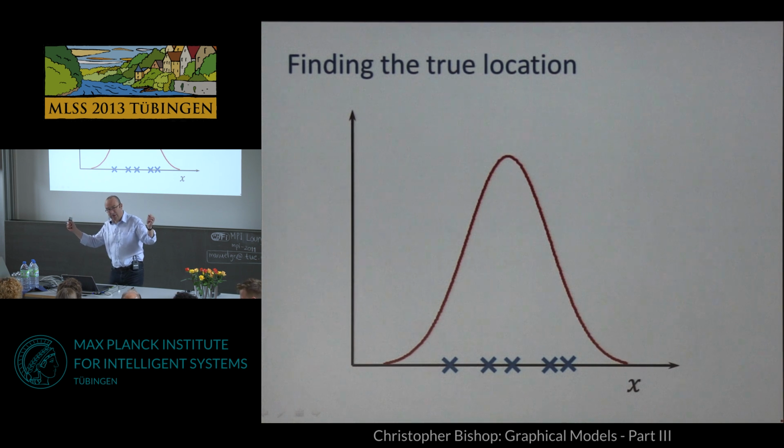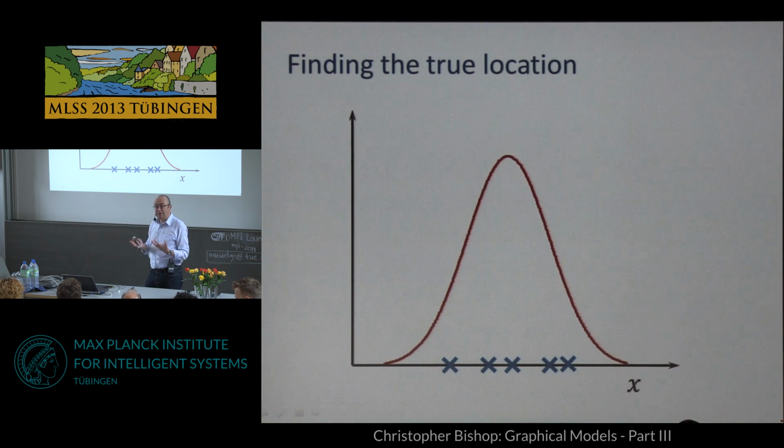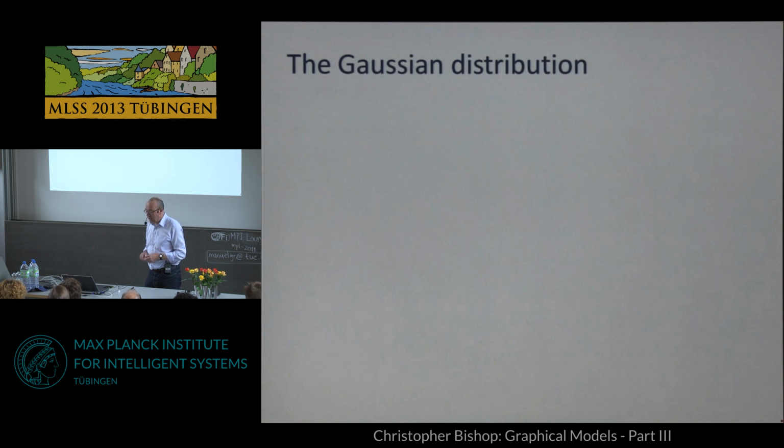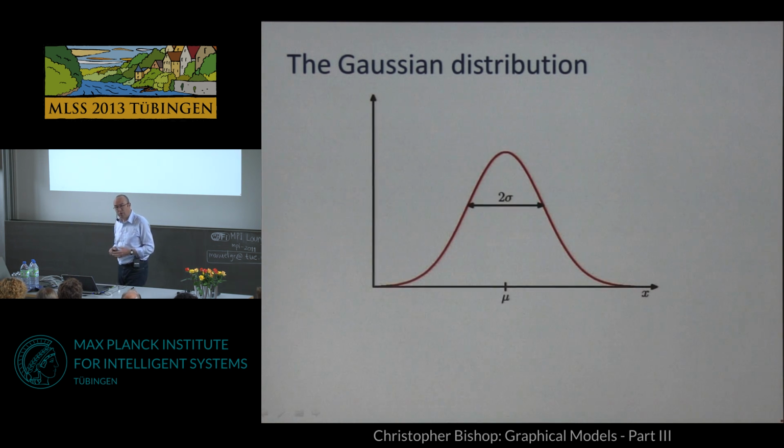So we need to think about distributions over continuous variables. Well, yesterday we mainly looked at discrete variables. So we now need a model for distributions over continuous variables. And by far the most widely used is the Gaussian distribution. Probably most of you are familiar with this, but let's just review this. So this is a probability distribution over a single continuous variable x, going from minus infinity to plus infinity.